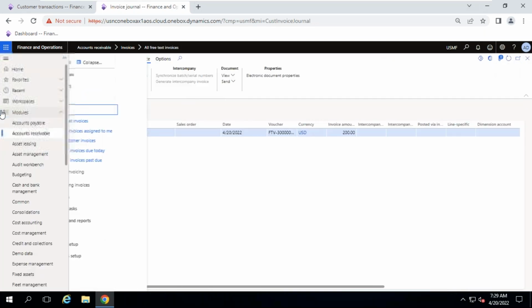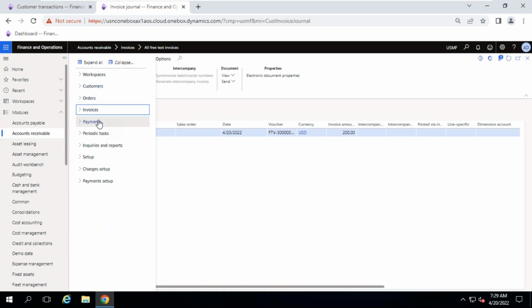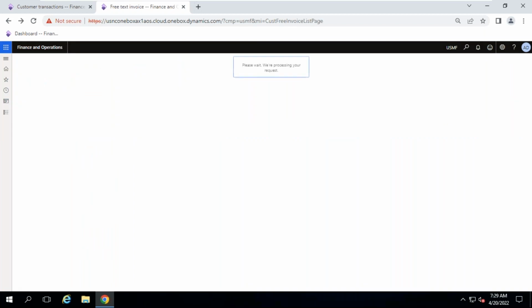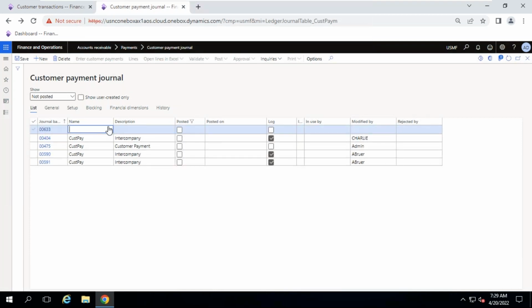Now I'm doing a payment, which means the customer is paying money to me. Payments, customer payment journal. Click on the new button and select the journal name from the drop down. How to create this journal name, I will explain later, not now.